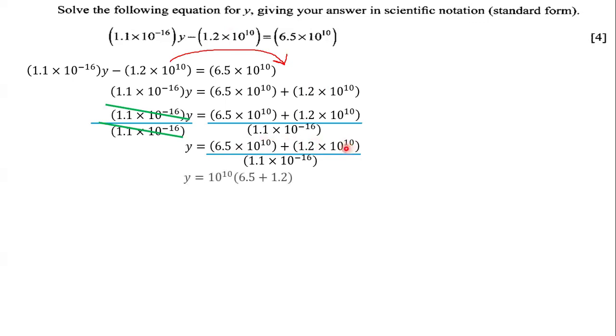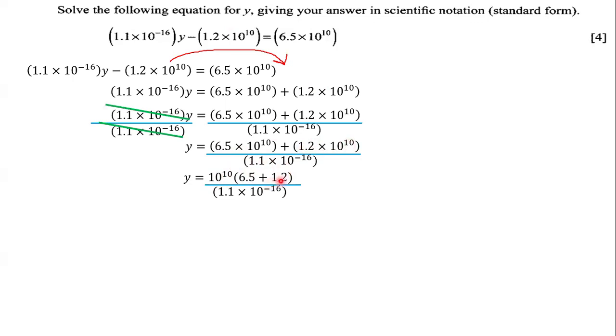And so we're going to factor out 10 raised to the power of 10, and we are left with 6.5 plus 1.2. And that's because 10 raised to the power of 10 multiplied by 6.5 is this particular expression, and 10 raised to the power of 10 multiplied by 1.2 is this particular expression.